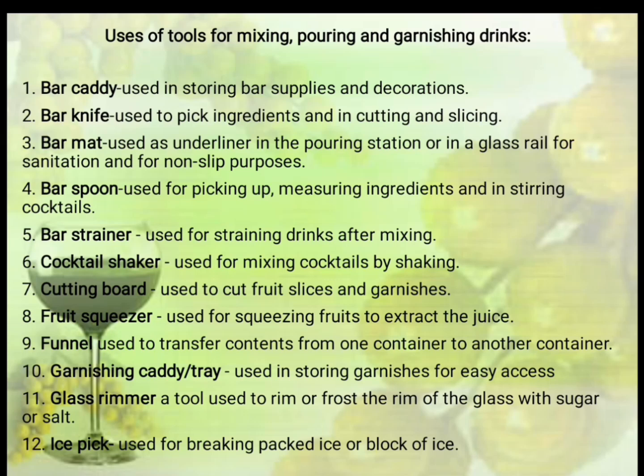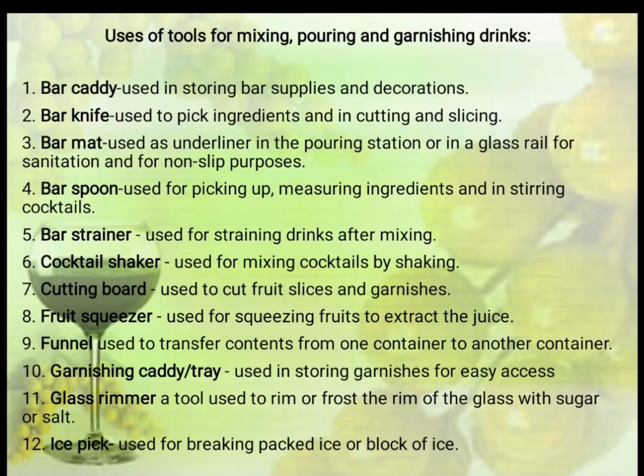Number 4, bar spoon, used for picking up, measuring ingredients and in stirring cocktails. Five, bar strainer, used for straining drinks after mixing. Number 6, cocktail shaker, used for mixing cocktails by shaking. Seven, cutting board, used to cut fruits, slice, and garnishes.